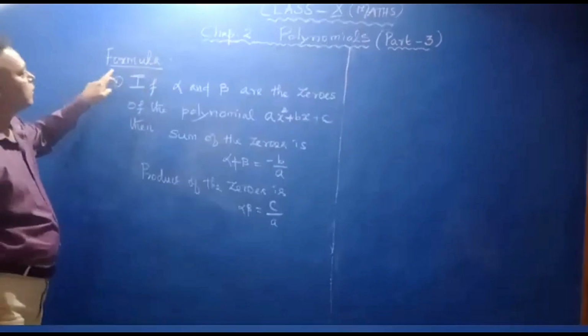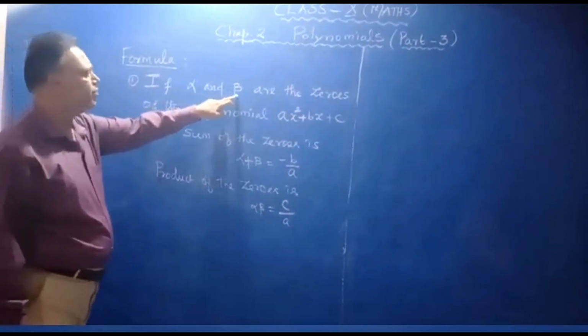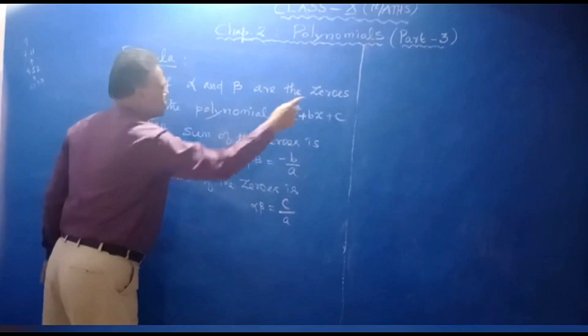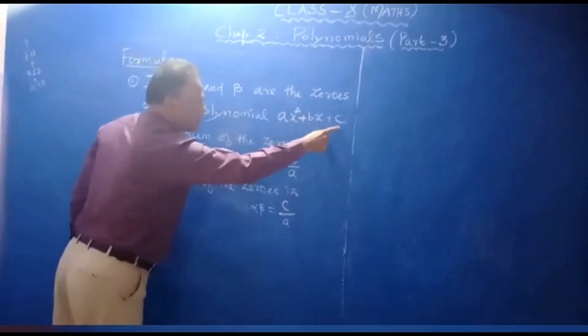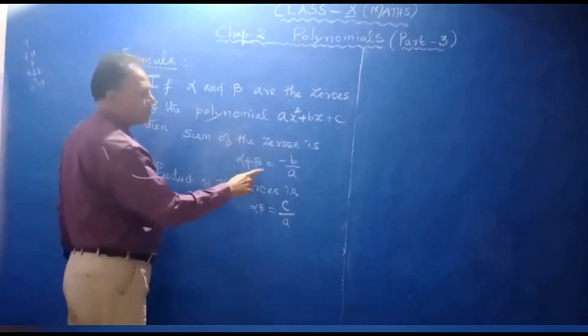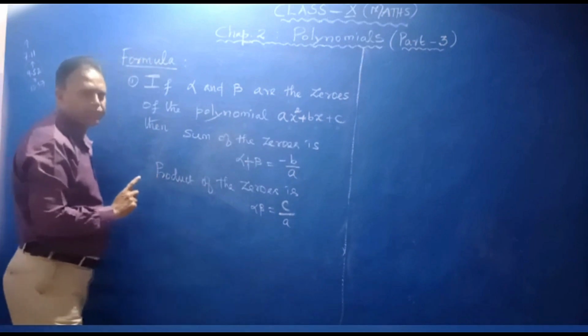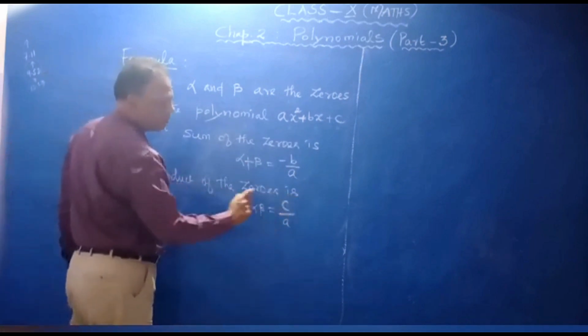Clear? Now see the formula. First one: if alpha and beta are the zeros of the polynomial ax squared plus bx plus c, then the sum of the zeros, alpha plus beta, is equal to minus b by a. The product of the zeros, alpha beta, is equal to c by a.